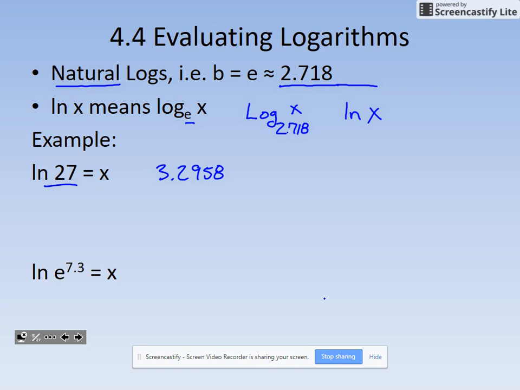So what that means is that e raised to the power of 3.2958 is approximately equal to 27. And again, another way we could write this would be 2.718 raised to the power of 3.2958 is about 27.